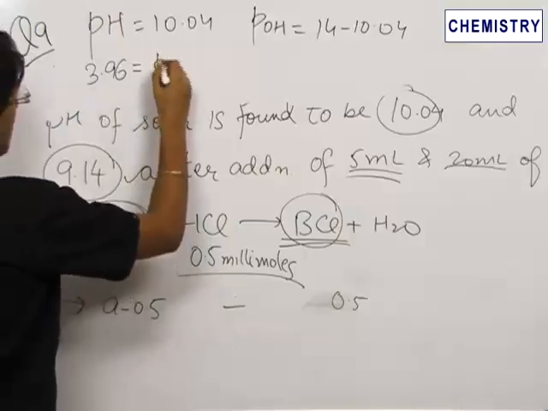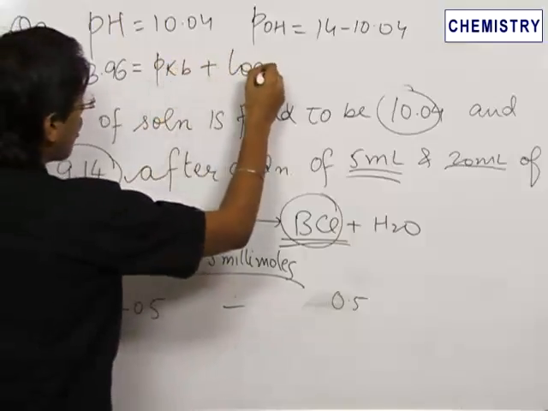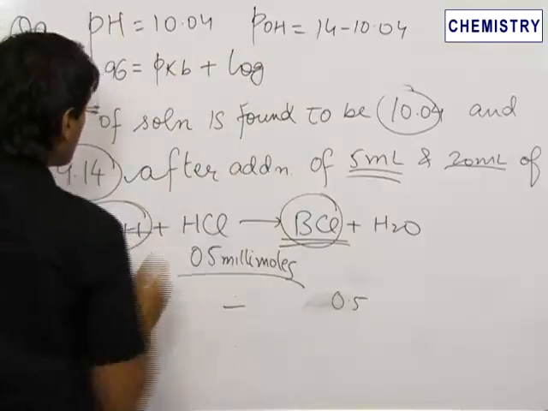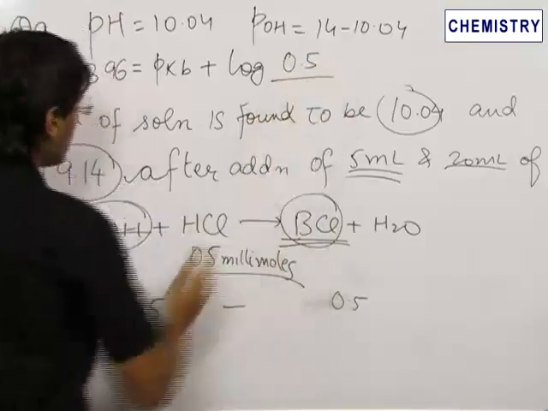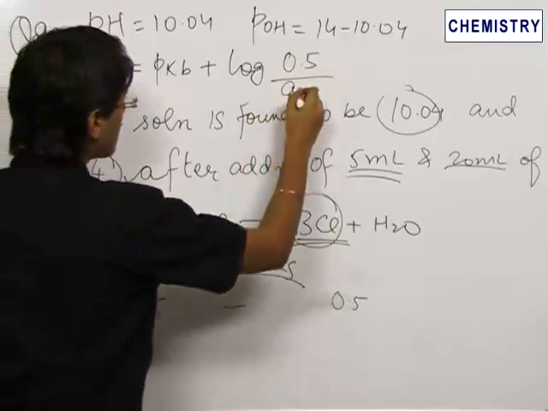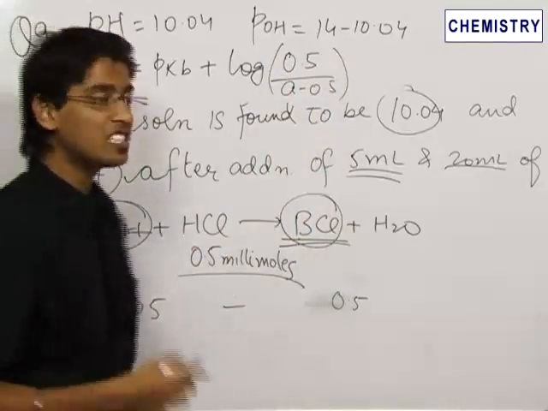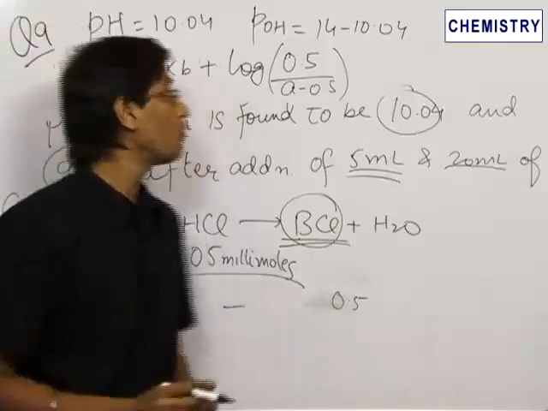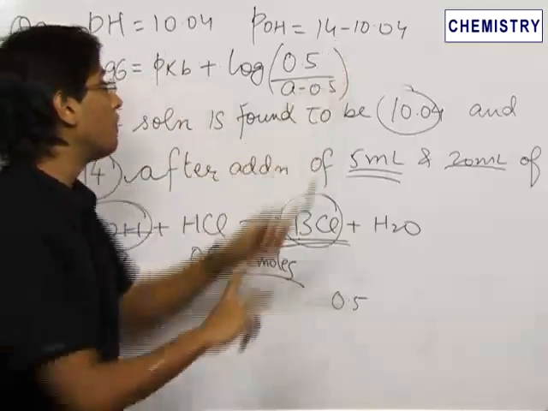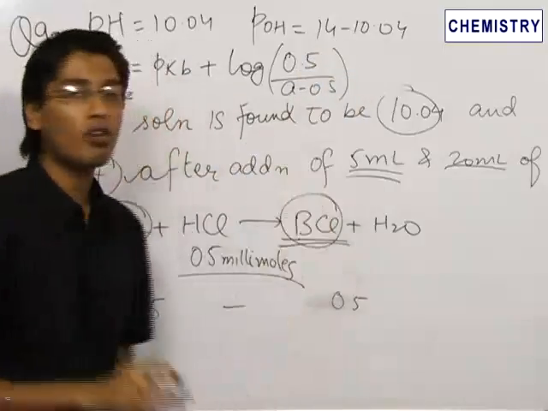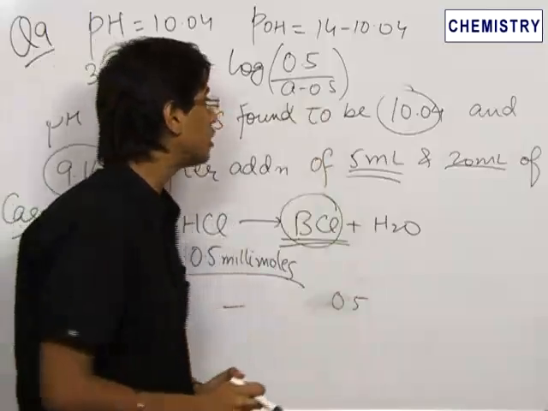This is equal to pKb plus log of salt upon base. Here the salt is BCl, that is 0.5 upon the base, that is A minus 0.5. Actually we need to take the concentration, but the volume for the flask is 40 ml, and hence when we divide this by 40 and this by 40, the 40-40 factor gets cancelled, and hence we can take the ratio of the number of moles present at equilibrium.